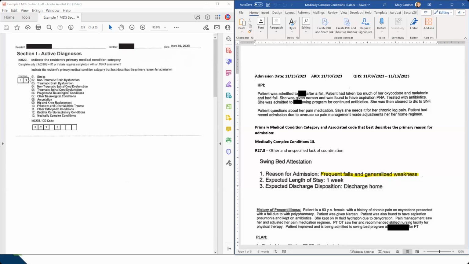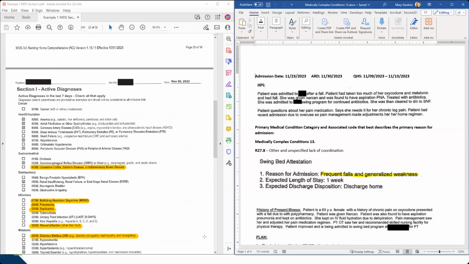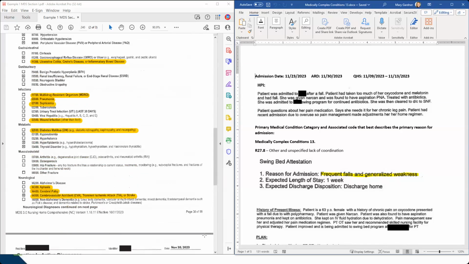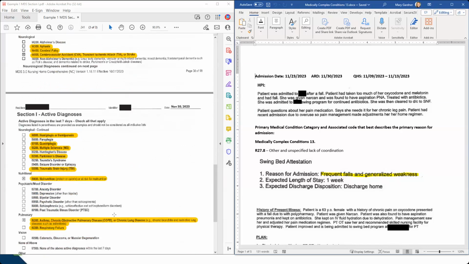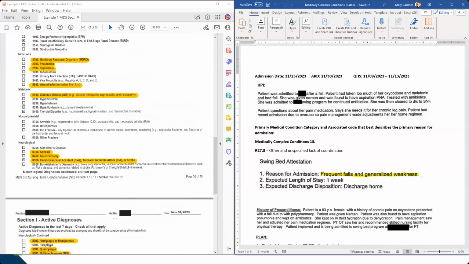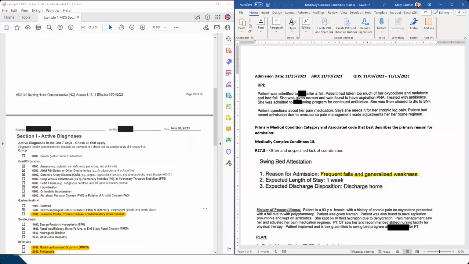We have to verify the active diagnosis that is coded. And then I've highlighted on this one those drivers when we looked at that Briggs sample that were actually in green. So if any of these are marked, we're going to look in the documentation to find where this is.